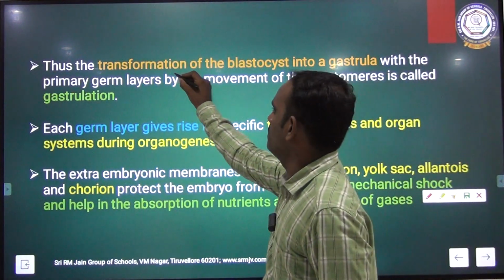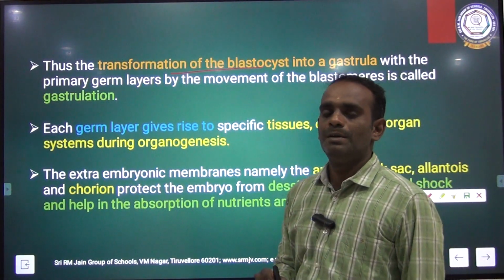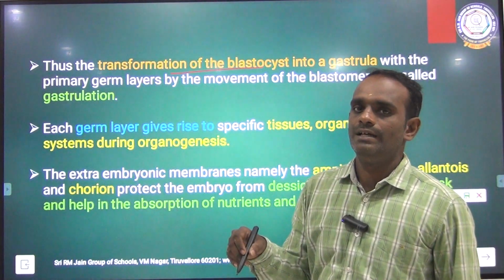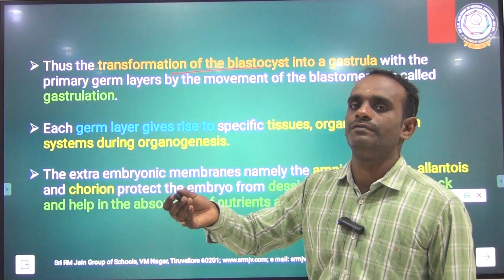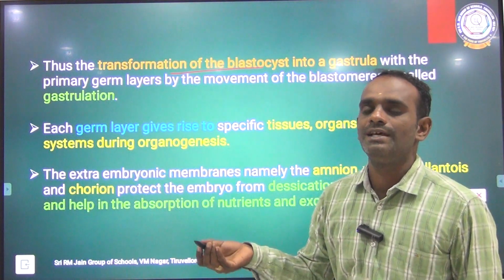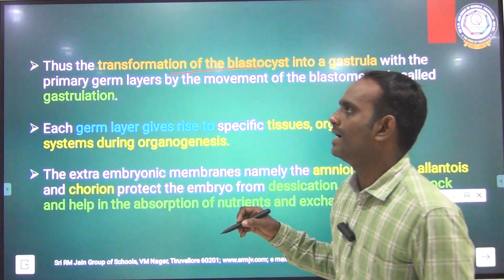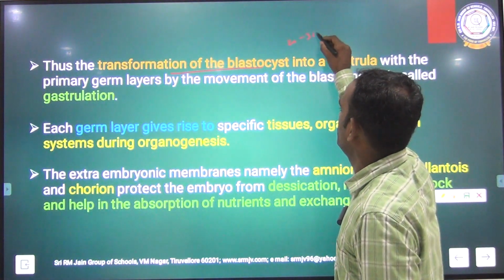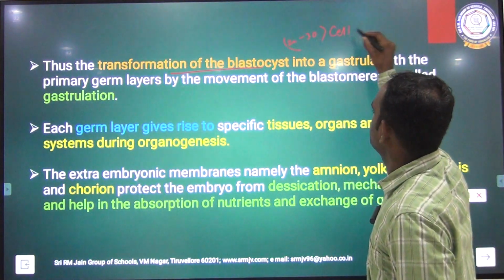Thus the blastocyst is the 100 cell stage. It has two different types of tissues, trophoblast and the inner cell mass, and the inner cell mass is a 20 to 30 cell structure.